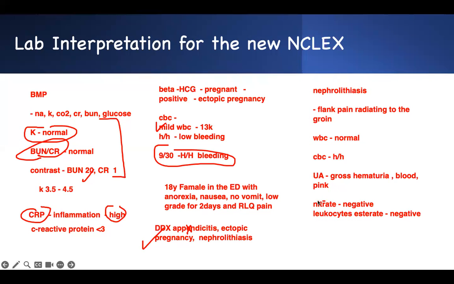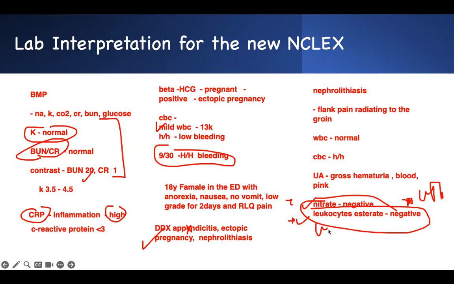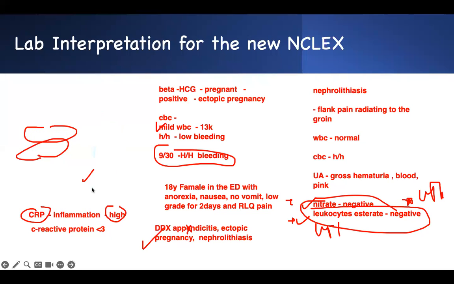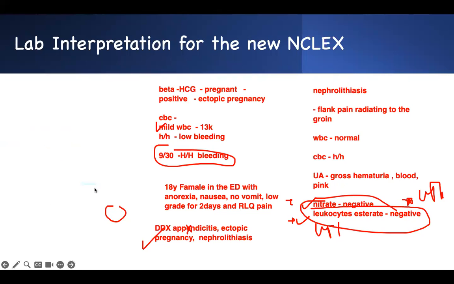When you see these two, it's bacteria causing infection. So when you see somebody with flank pain, with leukocyte esterase, nitrite positive, think about the individual as having a UTI. They don't have just a kidney stone. This is not gross hematuria. This is not just blood in your urine, but they have infection.